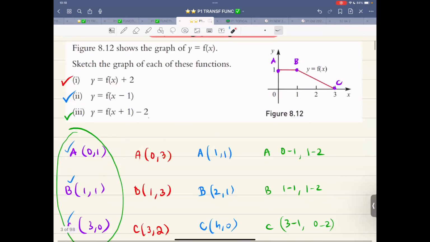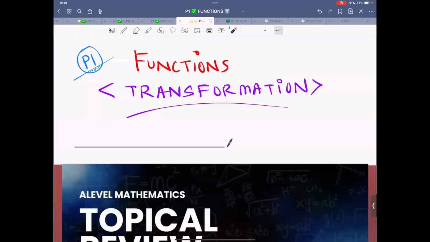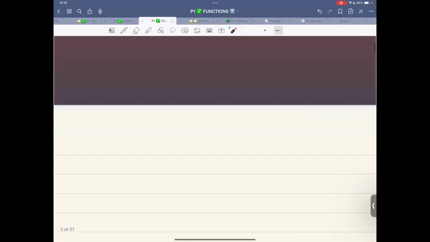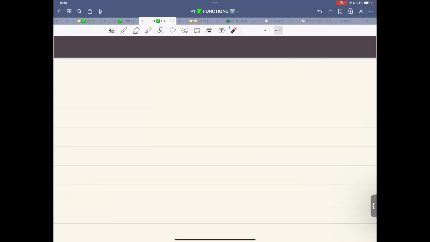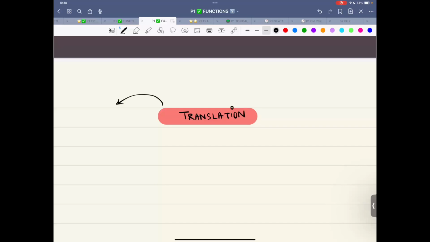Let me write on this particular page. Over here, let me write translation, that's the first transformation, and I'm writing translation in the middle. The translation could be parallel to the x-axis, and the translation could be parallel to the y-axis.